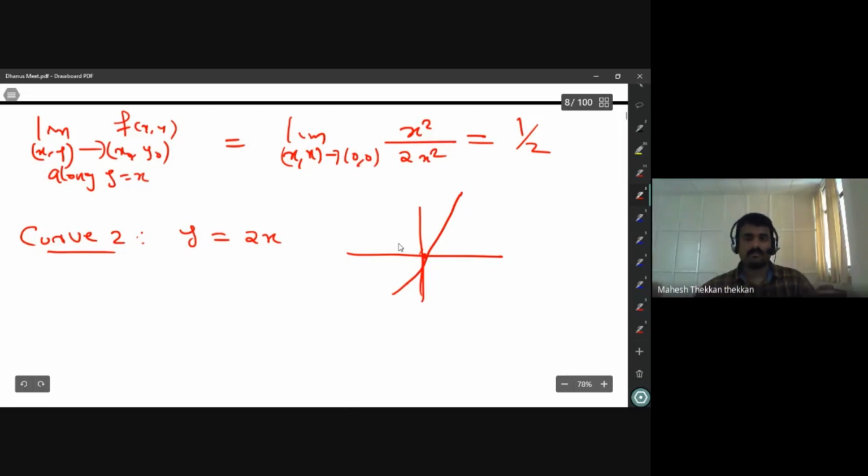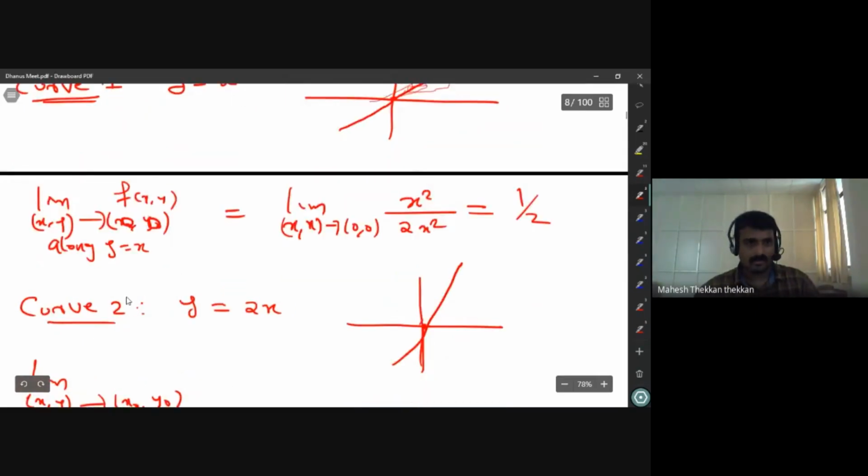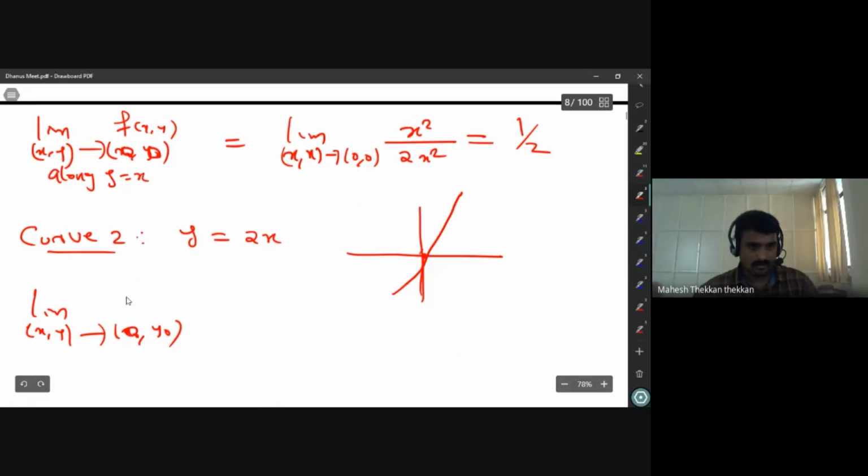So again, I will look at the limit as (x, y) tends to (x naught, y naught), here (0, 0), along y equal to 2x, f(x, y).